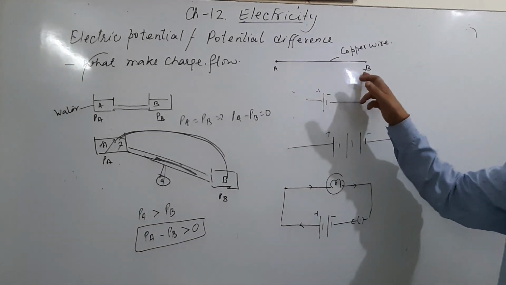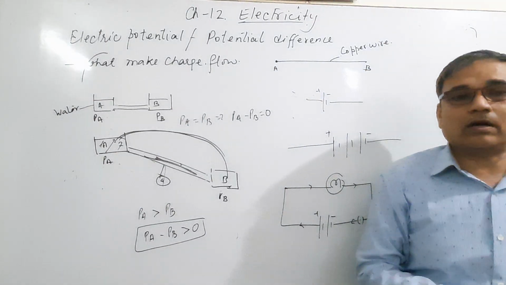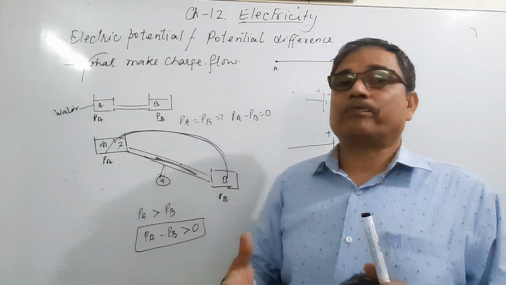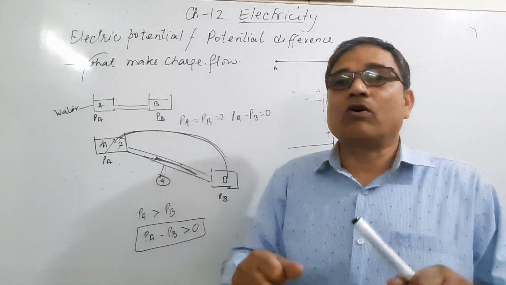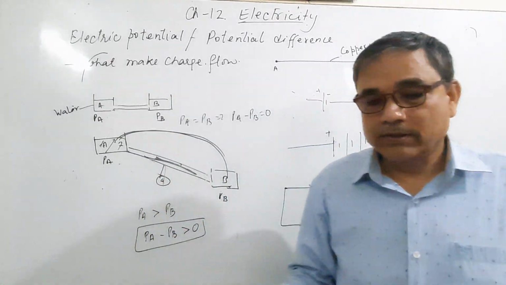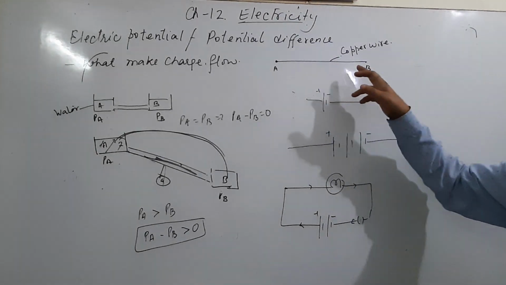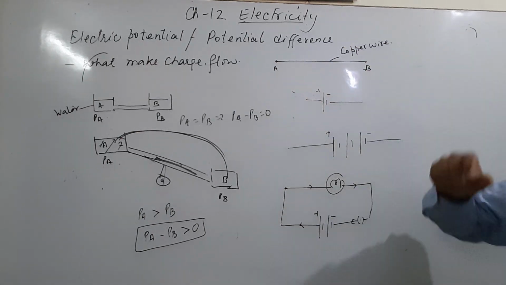Due to this pressure, the electron will move. Electrons will move only due to the pressure difference of electric charge, which is known as potential difference. And this potential difference moves from higher to lower, meaning high pressure to low pressure.